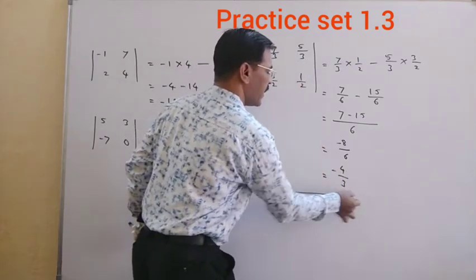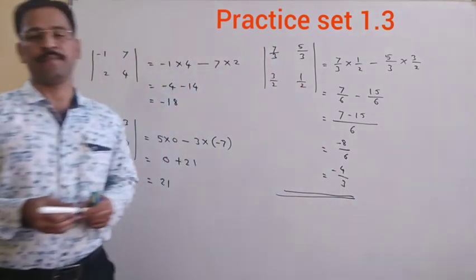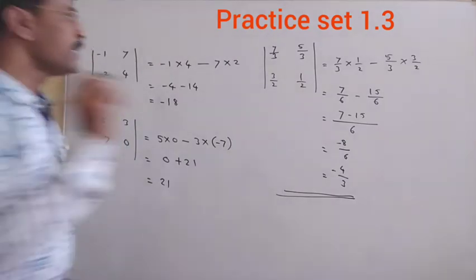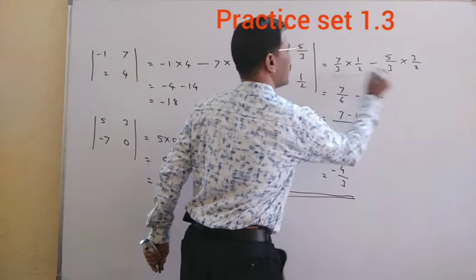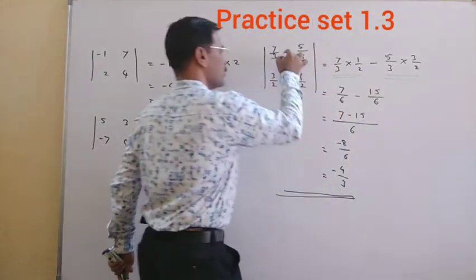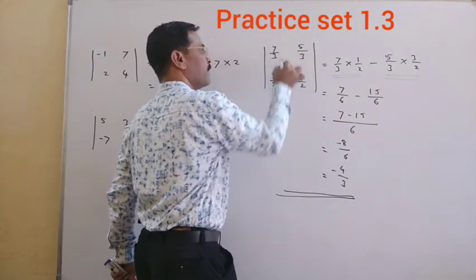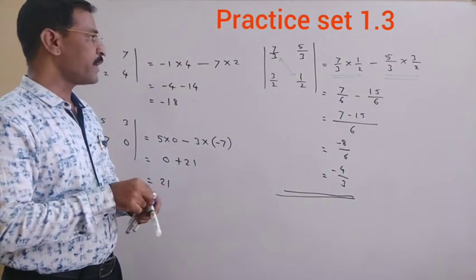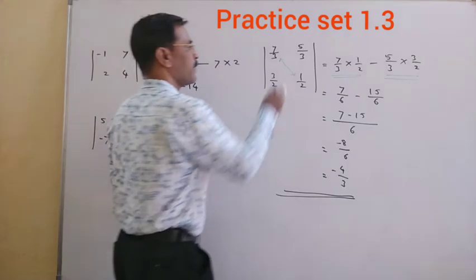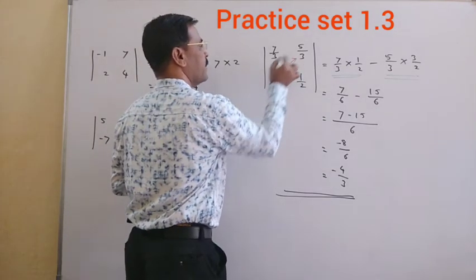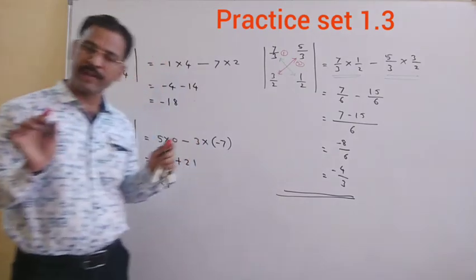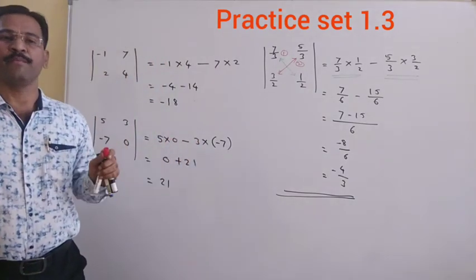This is the required answer. Understand, friends? The very important part here is the multiplication. First we multiply the first part, and then the second part. So without forgetting, do this every time. This is first and this will be second. Okay friends, that is very important.